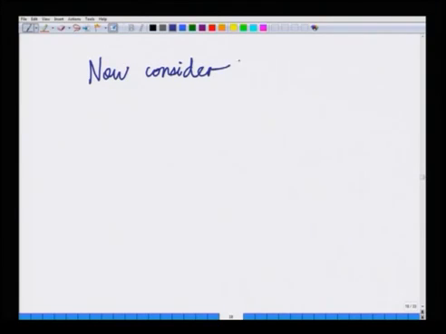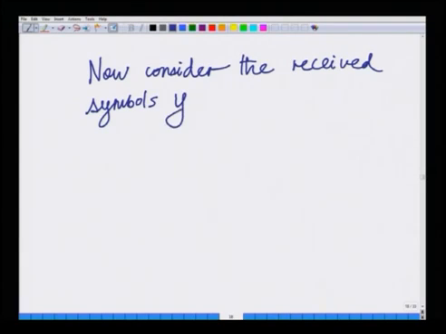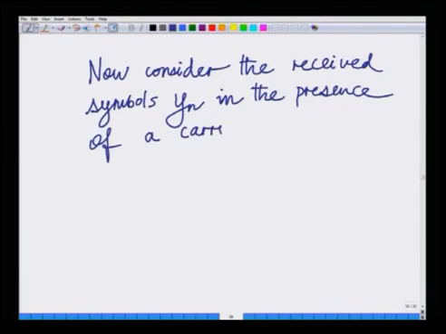Consider the received symbols y_n in the presence of a carrier frequency offset.